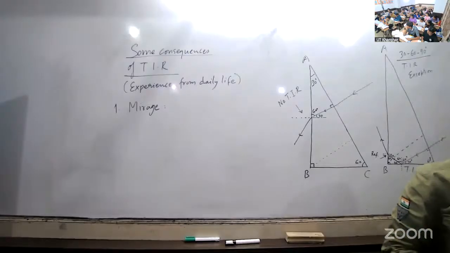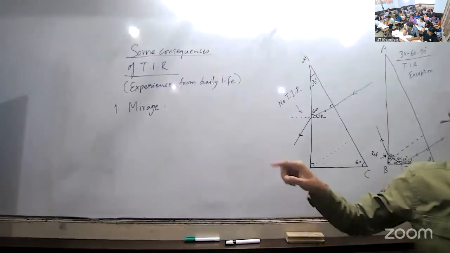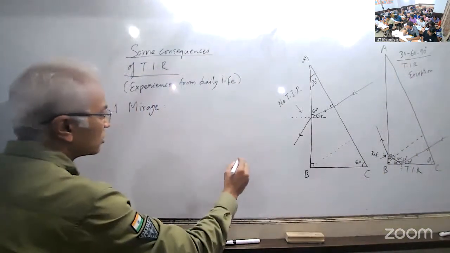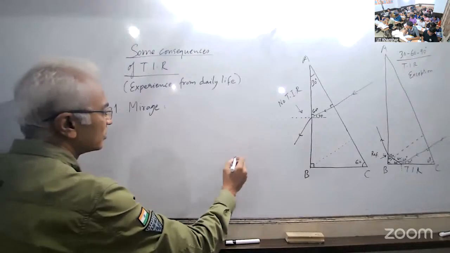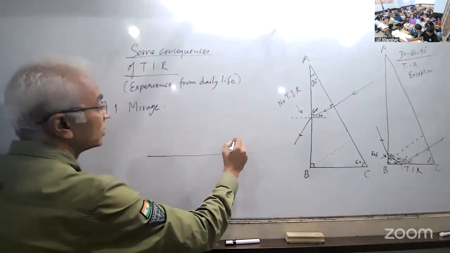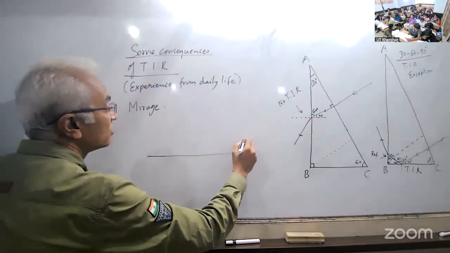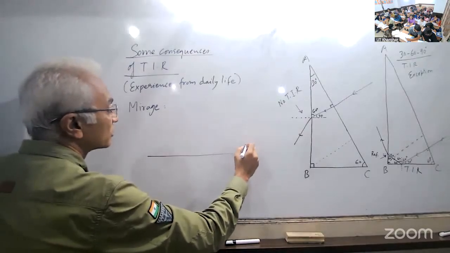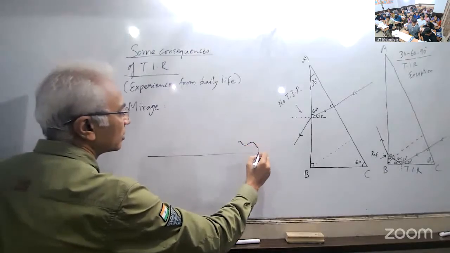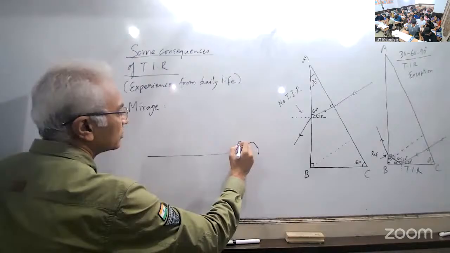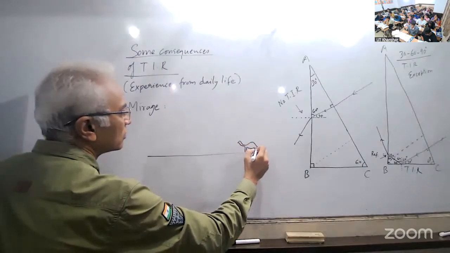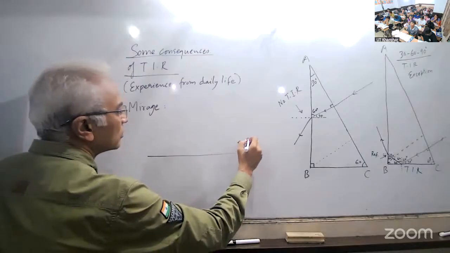Okay. So we'll actually understand it with the help of a ray diagram. Let us say this is a desert. Somebody is walking here, some observer is here, let us say on a camel.